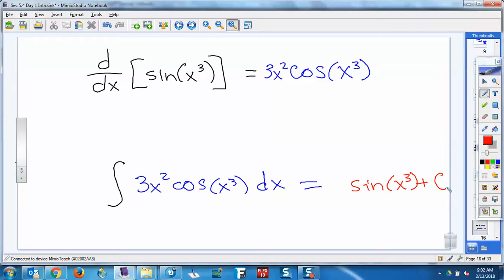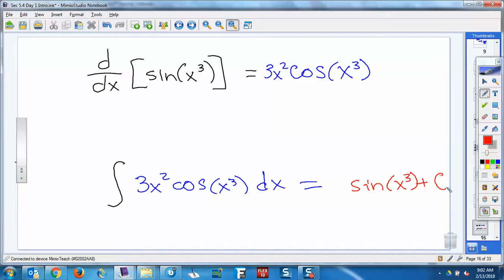Doesn't it make sense if we go backwards that we will often start with messy-looking functions, and when we do their antiderivative, we'll end up with simple, neat? How many times did you start off with a messy-looking function and the answer actually got simpler looking when you did the derivative? Not very often. With a derivative, you start simple and neat and end up messy. An integral possibly means you're going to start messy and end up looking simple and neat. Okay?